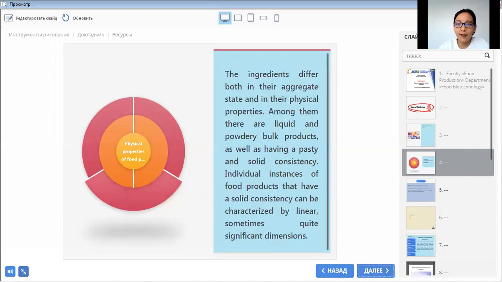And the ingredients differ both in their aggregate state and in their physical properties. Among them, there are liquid and powderable products, as well as those having a pasty and a solid consistency, and individual instances of food products that have a solid consistency can be characterized by linear, sometimes significant, dimensions.